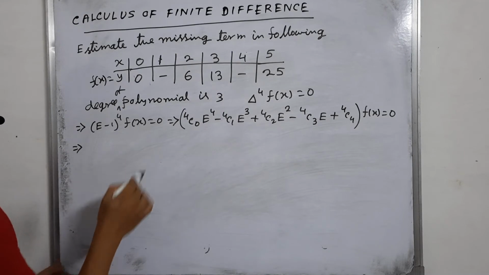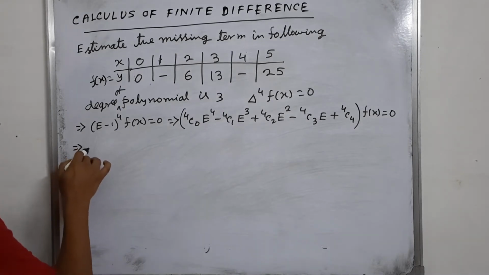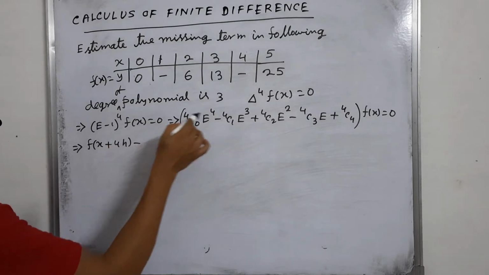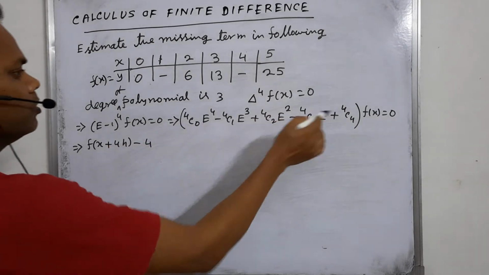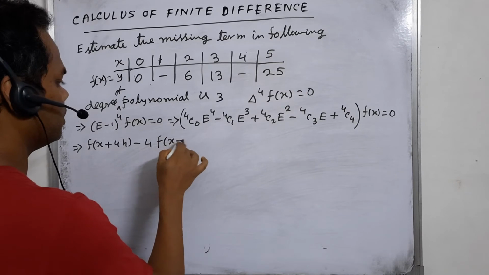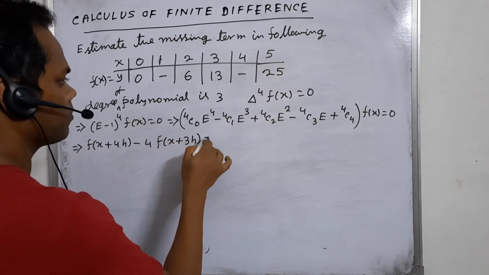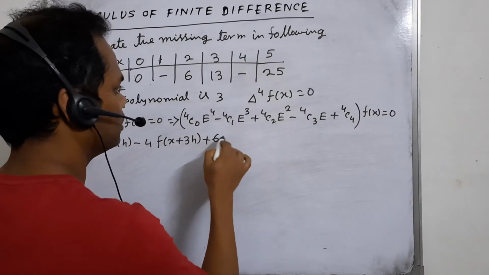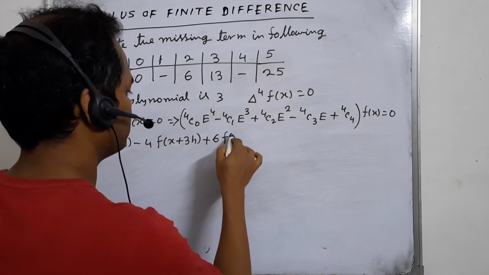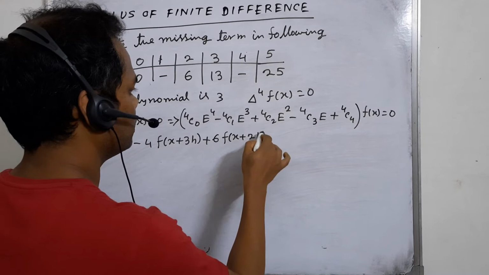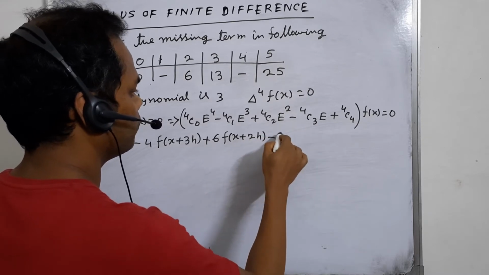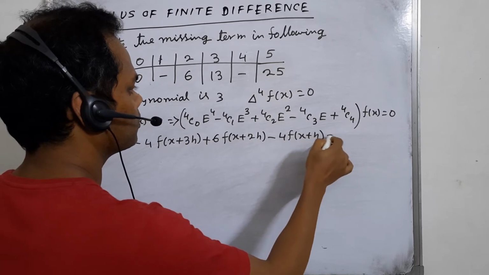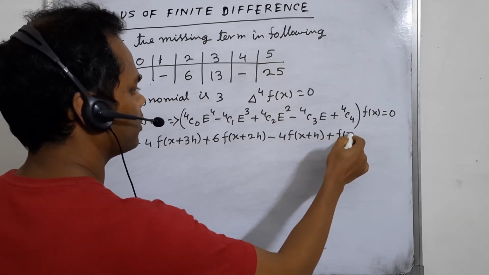So 4C0 is 1, E to the power 4 fx is f of x plus 4h. 4C1 is 4, E cube of fx is f of x plus 3h. 4C2 is 4 into 3 by 2, that is 6. E square of fx is f of x plus 2h. 4C3 is 4, E of fx is f of x plus h, and there is fx.